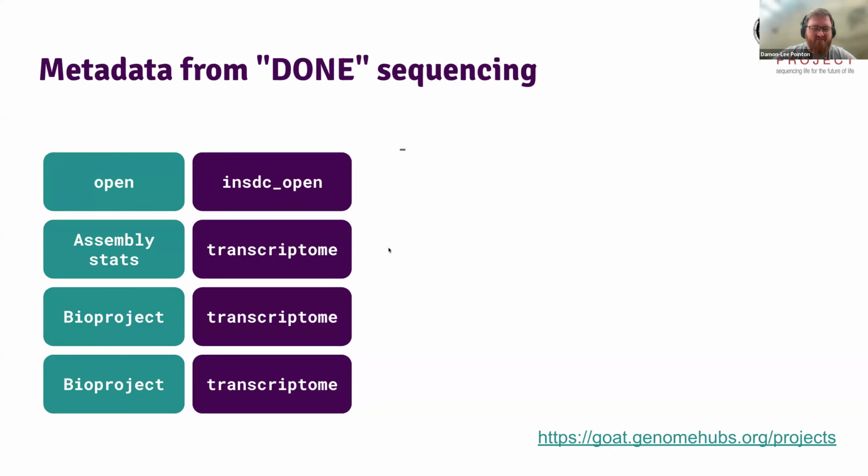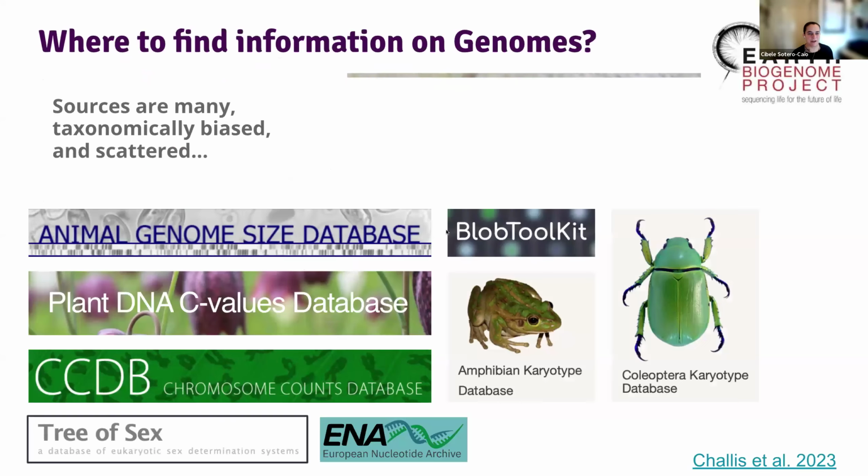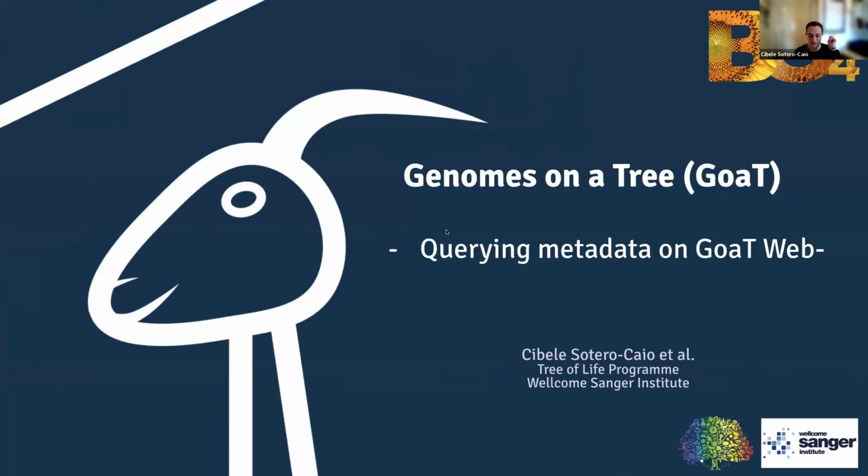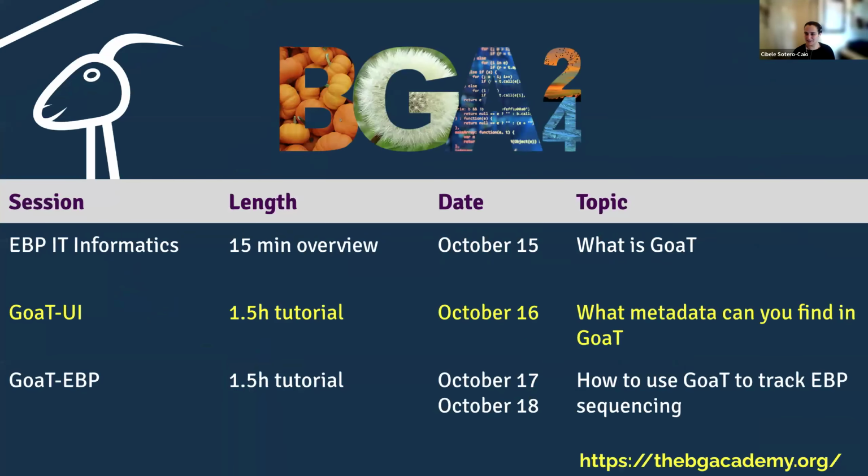Yeah. Great, let's go back a bit so people can see my pretty pictures, because I didn't spend all of this time just talking about it. These are the three different sessions, okay? Yesterday we had this session, a 15 minutes overview. Today we are having this 1.5 to 2 hour tutorial: what metadata can you find in GOAT?